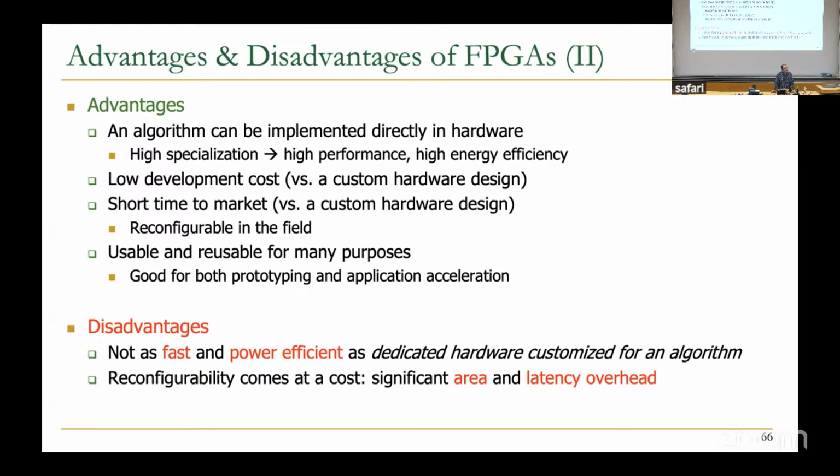Yes? So the latency overhead, would you say that it's usually still faster to run on an FPGA than on a general purpose processor? I would say usually yes. Yeah, that's usually the case. Specifically because on a general purpose processor, you have this sequential program.